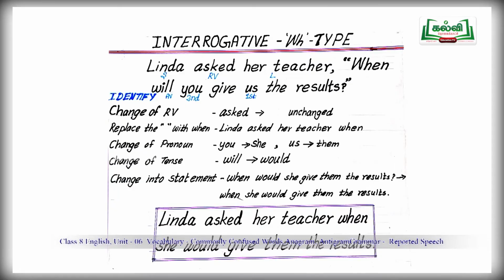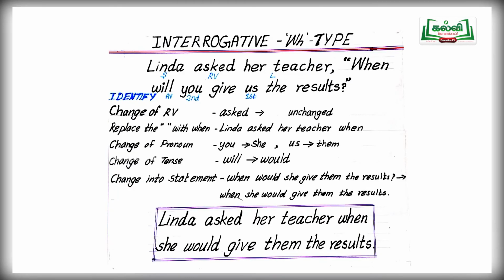The next sentence, interrogative. In the interrogative, WH type. Linda asked her teacher, when will you give us the results? First step, identify speaker, reporting verb, listener, pronoun: second person you, first person us, auxiliary verb will. Change of reporting verb: asked, unchanged. Replace the inverted commas with when.